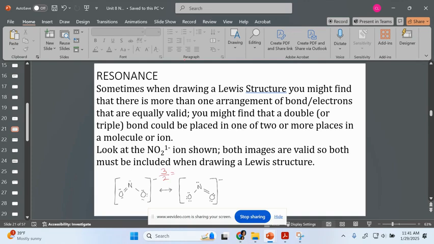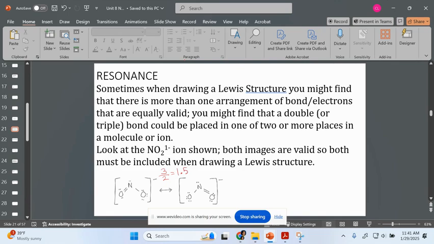We divide that out and we get 1.5. So instead of a double bond and a single bond, it's actually more like a 1.5 bond and a 1.5 bond. It's like a mashup. And if they ask you to draw all resonance structures, you'd have to draw both of these. That happens sometimes.